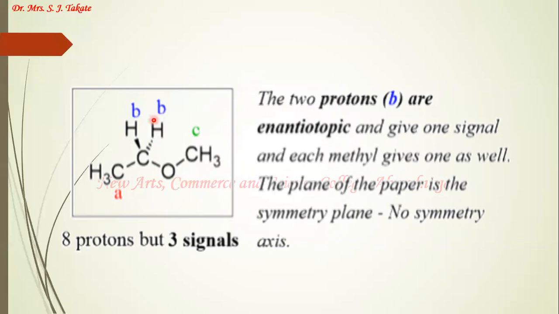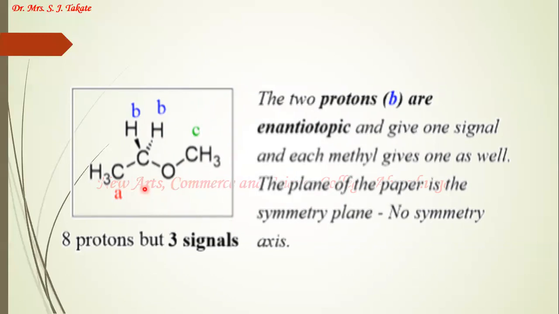Therefore, the two B protons are enantiotopic protons. You can write it down in your notebook and check whether a plane of symmetry is present or not. This plane of the paper of your notebook will be the plane of symmetry for this molecule.